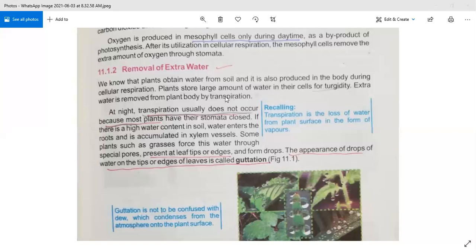So extra water is removed from the plant body by transpiration. When a plant becomes turgid, when it gets plenty of water, it becomes swollen.